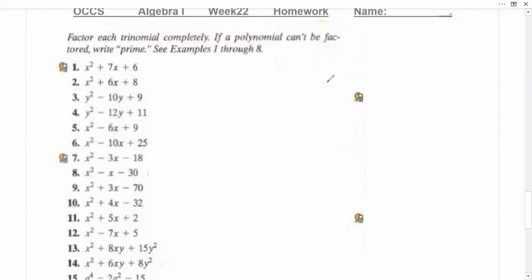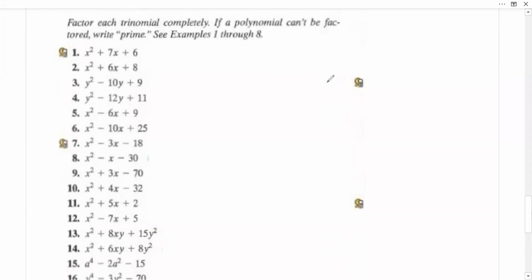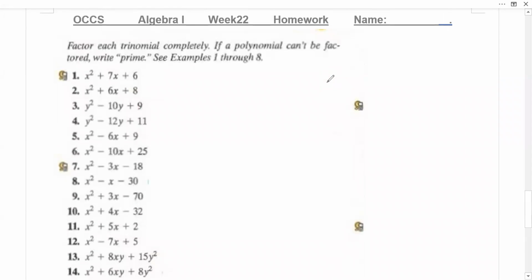Okay, let's see the rest, number 2, right? So I will only write out the factors. We take our brain practice right now, brain teaser. We just write the answer quickly, all right? So here is 6 and 1, right? So x plus 1, x plus 6, brain teaser, practice your brain.